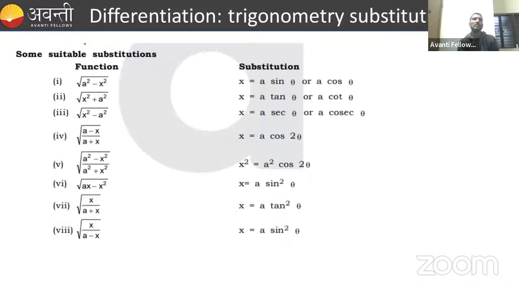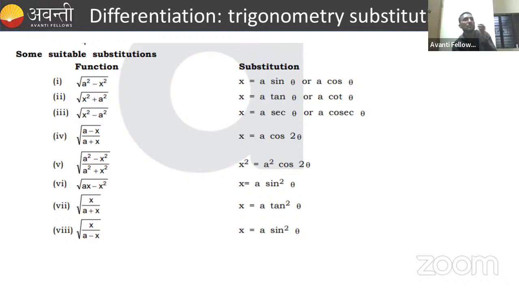I am showing you what we can do. There are some substitutions already, as you have seen in inverse trigonometry, because there are some functions which are very complicated. We can't simply find the differentiation. We can find it, but it will take a lot of time.